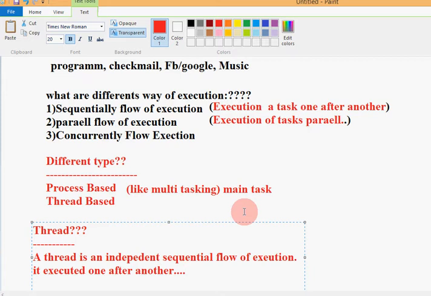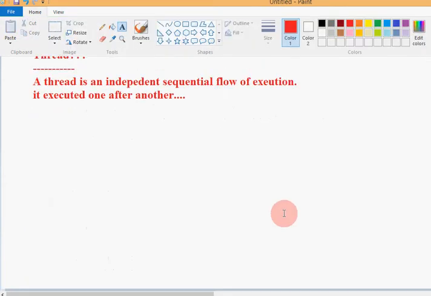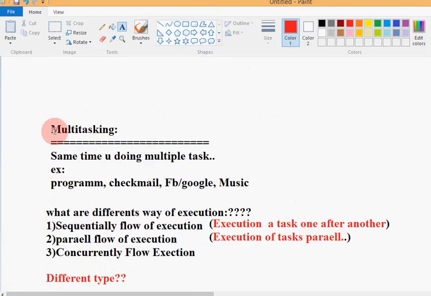When the first, second, and third persons take their tickets, then you get a chance to take a ticket. This is basically called sequential. One task is completed, and after that you are allowed to execute your task. This is the concept of a thread.